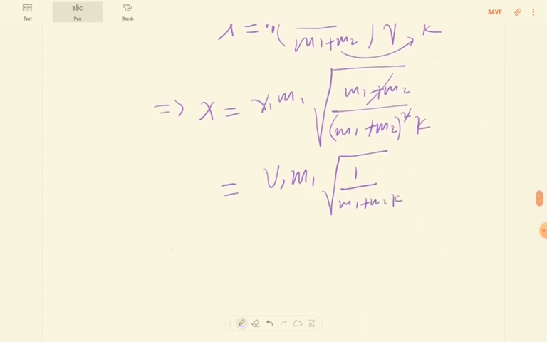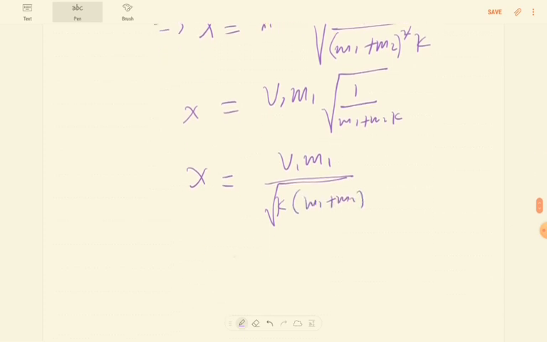In fact, generally x, the compressed length, should be v1 mass 1 divided by the square root of k times (m1 plus m2). So finally we substitute.